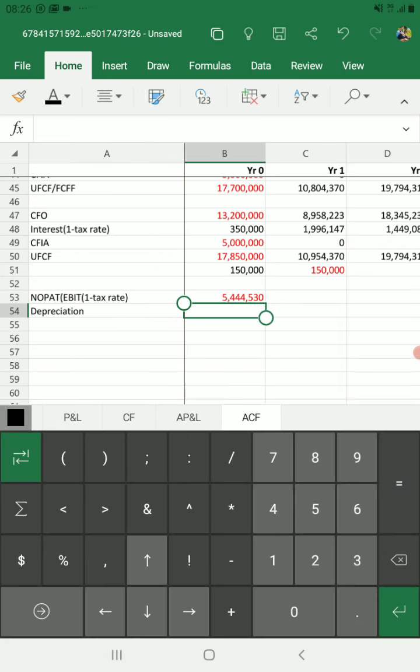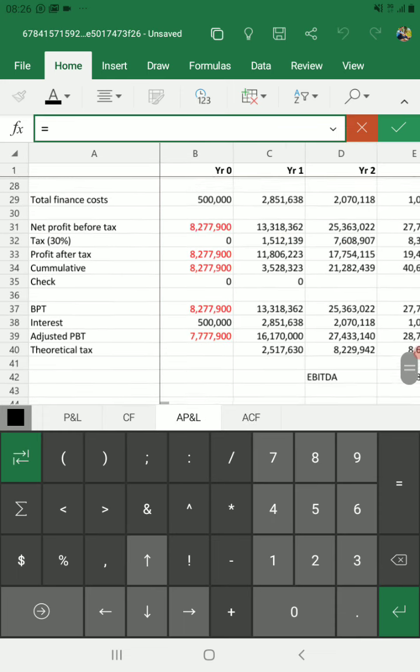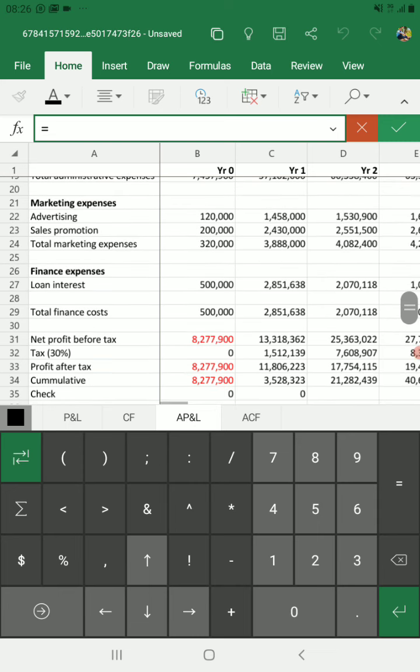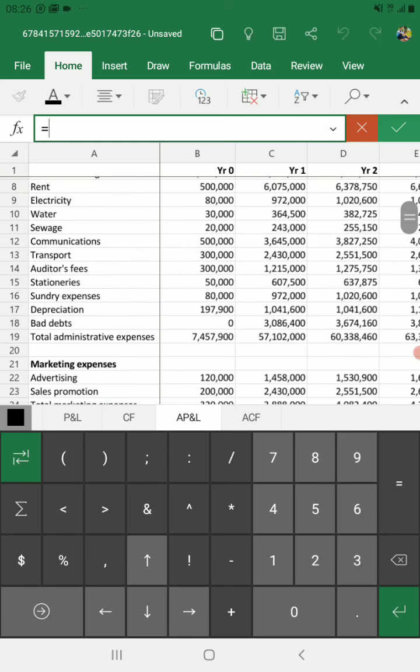So I click here, start with an equal sign, and then go to the depreciation sheet for annual, because we are dealing with annual here, and we add back the depreciation figure, which is here.